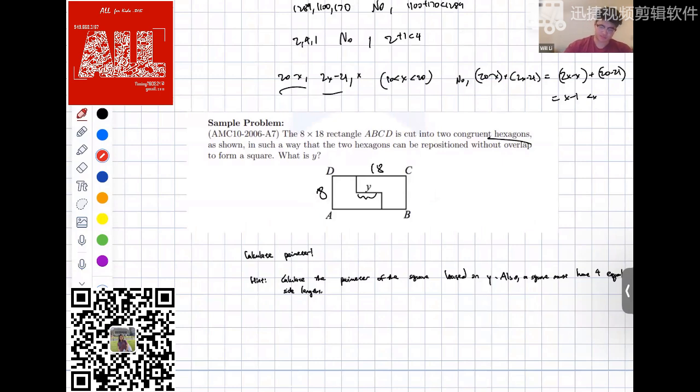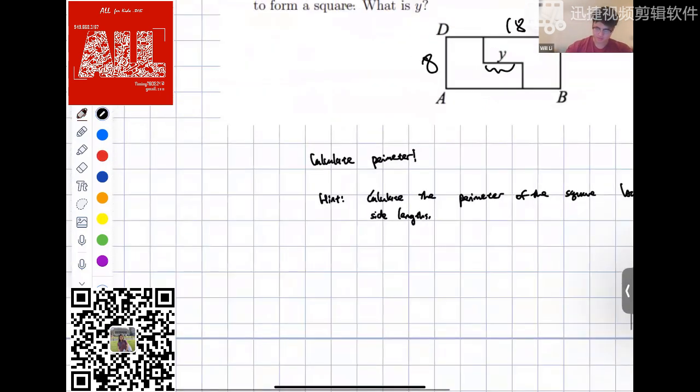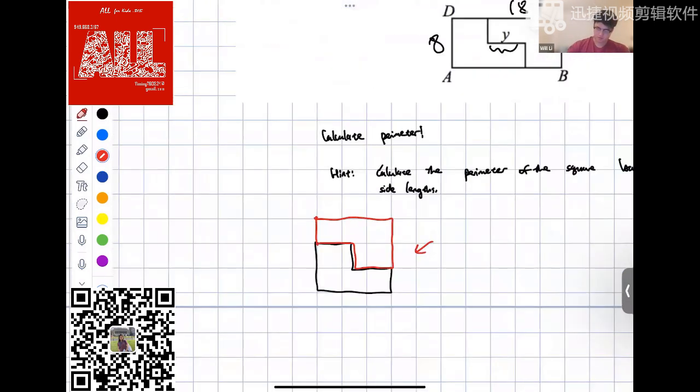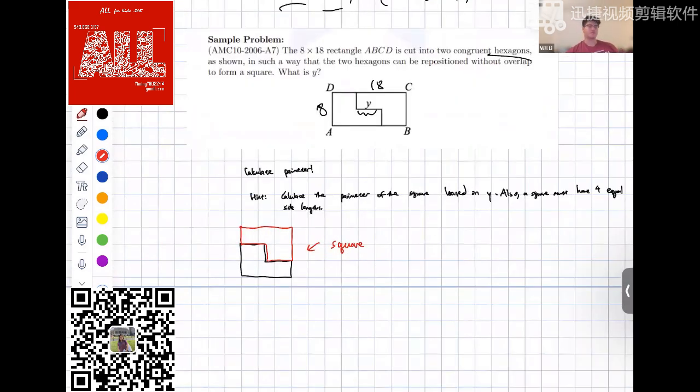And the way you would reposition them in a square is like this. And then you would have like this one. Okay. That should be about enough information to solve the problem.